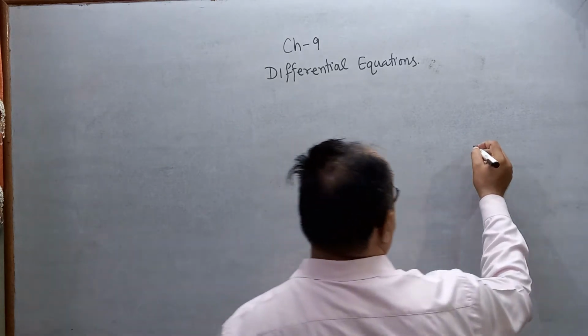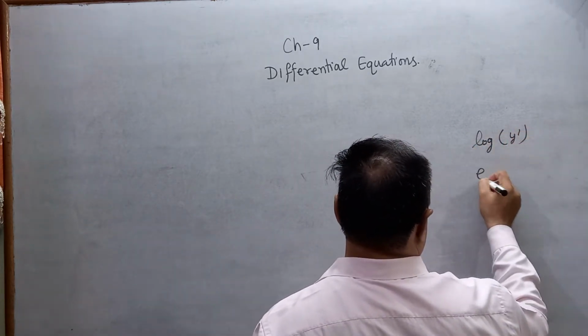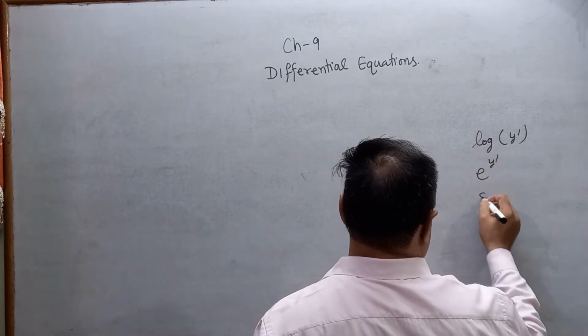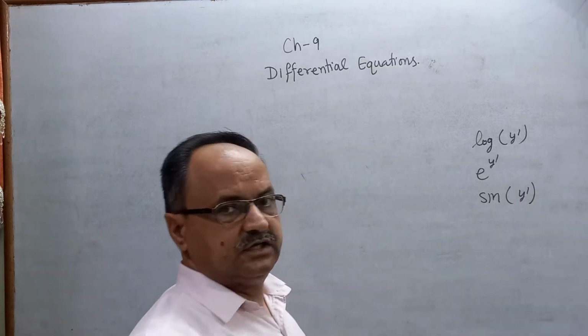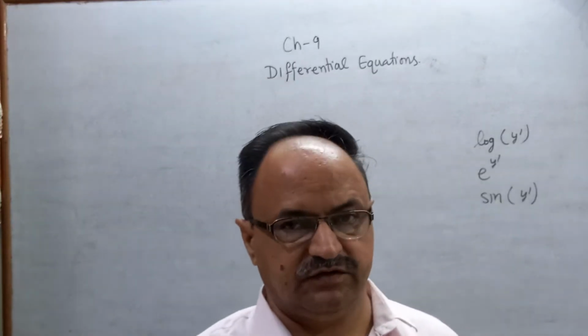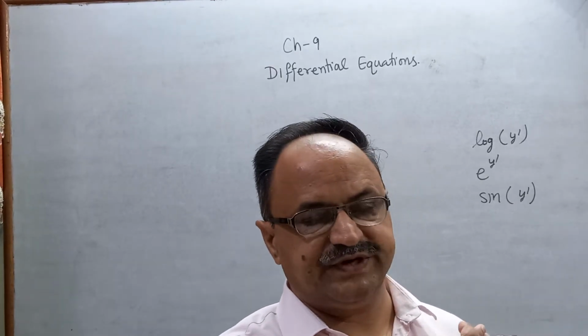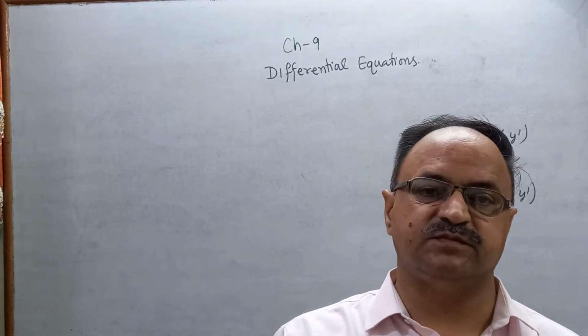You know that if log y dash, or e to the power y dash, and sine y dash are present, in this type of question the degree is not defined, because if these functions are present in the equation, that is not the differential equation in the simplest form.